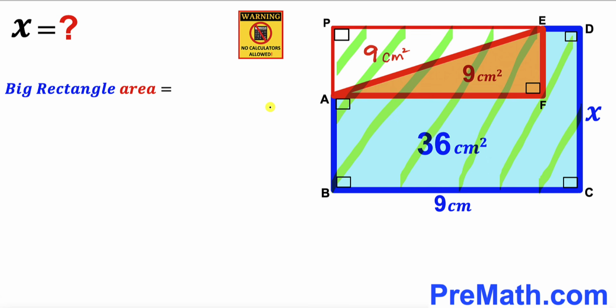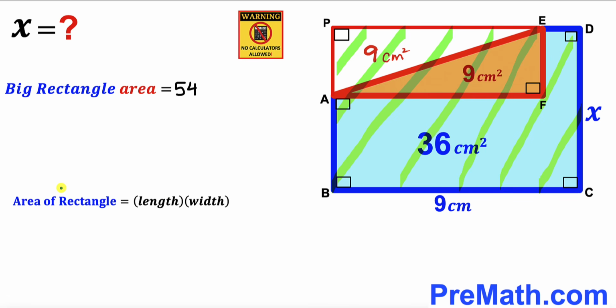So the area of this big rectangle is going to be equal to the sum of all these individual areas: 36 plus 9 plus 9, and if we add, that is going to give us 54 square centimeters. Thus our big blue rectangle area turns out to be equal to 54.